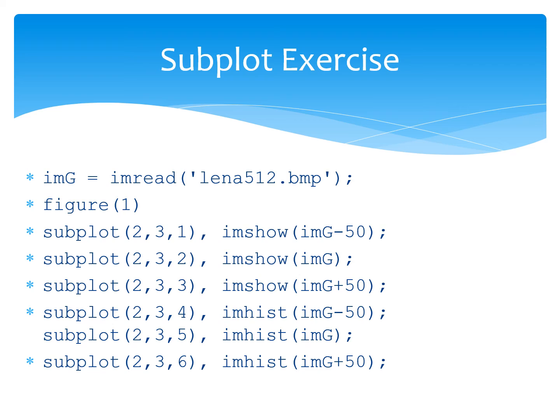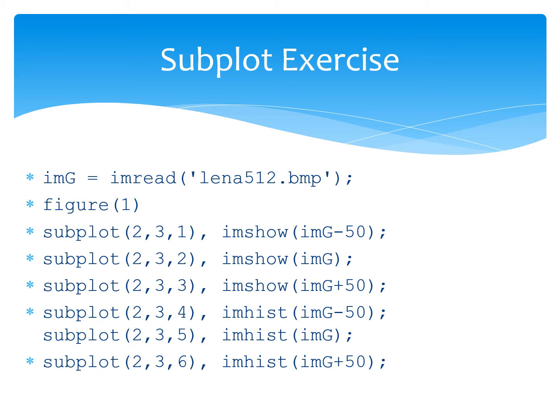Similarly, we show the image with high brightness in the first row on the right. Thus, we specify the subplot ID 3 in the third parameter to show G plus 50.